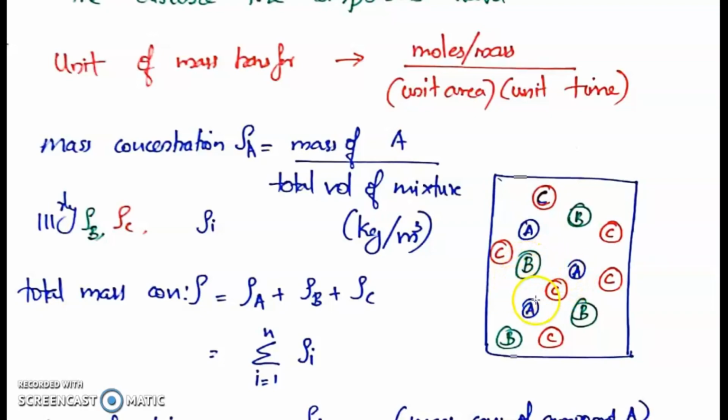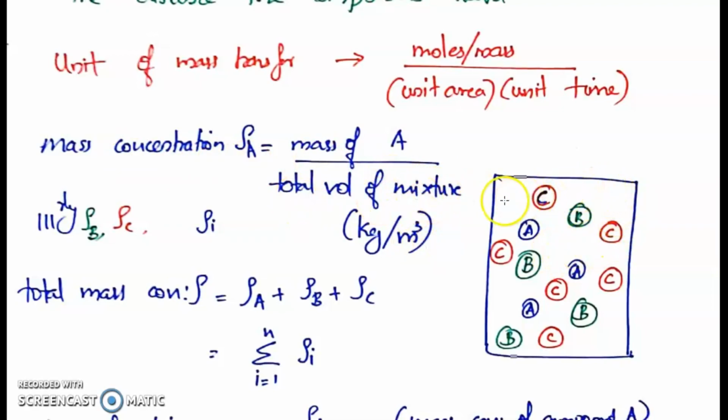All these molecules are in constant motion. I need to calculate the mass transfer rate of individual components. So first I should know the concentration of each individual component. Let's represent mass concentration as rho A, where the suffix A represents the A molecules here. Mass concentration is equal to mass of A divided by total volume of the mixture.